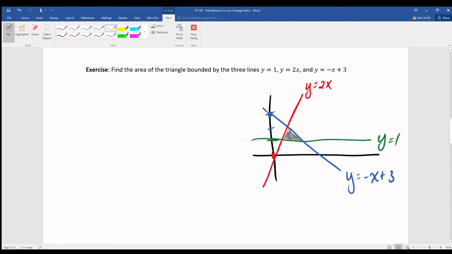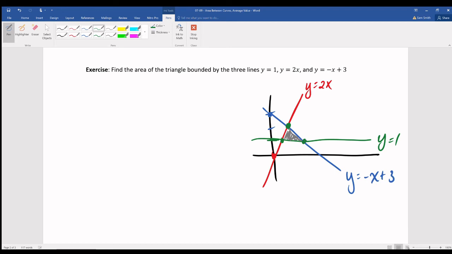Now, if we are going to use a definite integral to calculate this area, we're going to have to be careful, because once again, there's a change in the top function midway through the region of integration. For a short time, the red function, y equals 2x, is on the top of the region. But after I pass this corner, the blue function, y equals negative x plus 3, is on the top of the region.